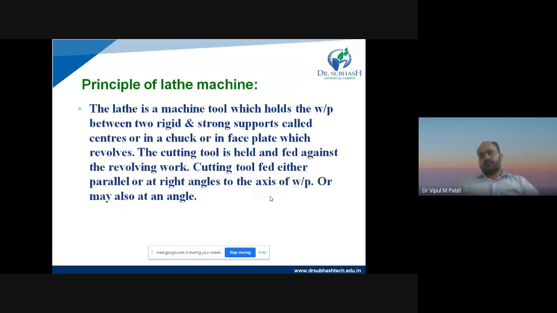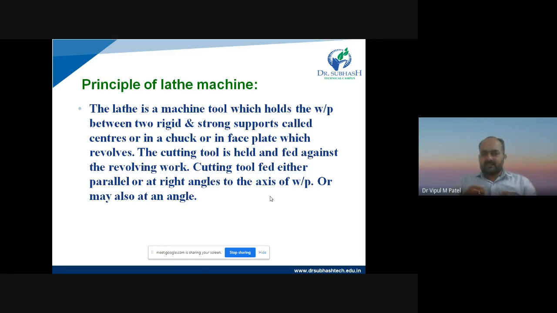As we all know, the single point cutting tool in a lathe machine is fed either parallel or at right angles to the axis of the workpiece. We can give the feed to the single point cutting tool with the use of the tool post mechanism, and the workpiece is revolved with the use of the chuck or faceplate.